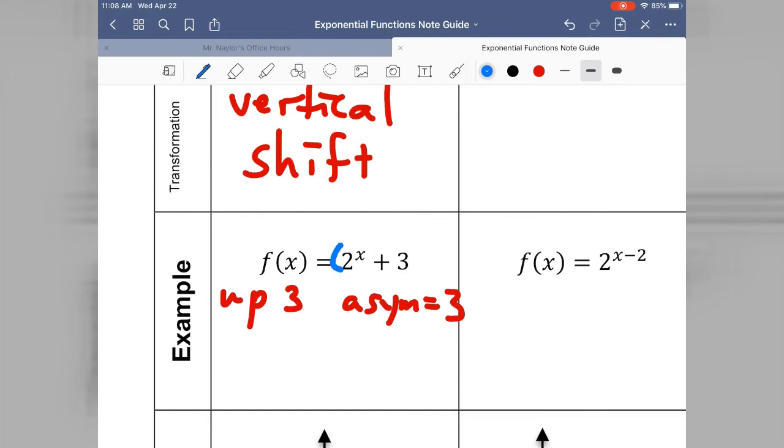And we want to be careful that we only use the base to determine that this graph is going to grow. Remember, since the base is greater than 1, this is going to be a growth graph. And lastly, we have the number that's in front of the equation, which in this case is still the number 1. Well, remember, that's the starting value. So the graph is going to start at 1.